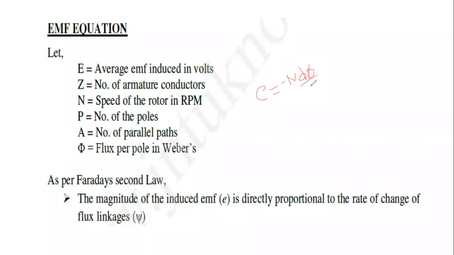Therefore, the induced EMF is directly proportional to the rate of change of flux linkages, where N is the proportionality constant. By using this Faraday's second law, we can derive the EMF equation for the DC generator.